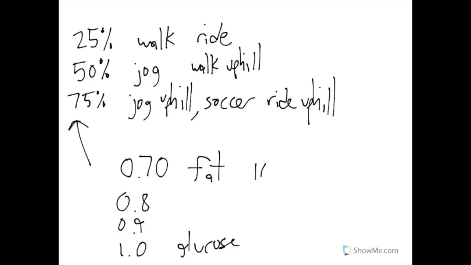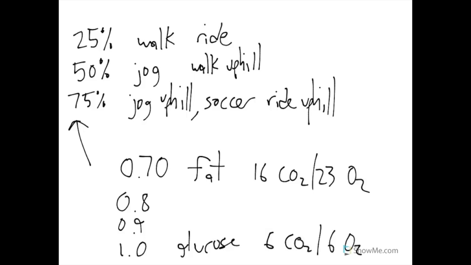If you recall, we have our 16 CO2 produced, 23 molecules of oxygen needed, versus our simple 6 CO2 to 6 O2 equation. And this is exactly what we are using when we put someone on a treadmill and do a VO2 max test or exercise stress test, cardiac stress test. We put a mask on and we measure how much carbon dioxide they're producing versus how much oxygen they're consuming, and then we know their exercise intensity.